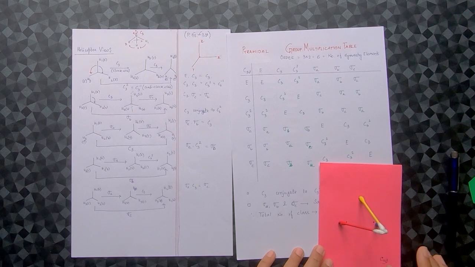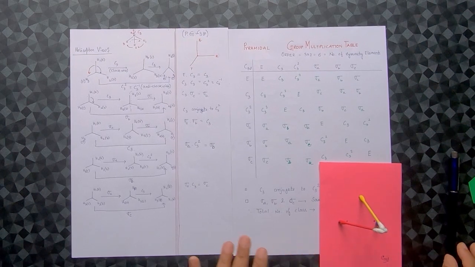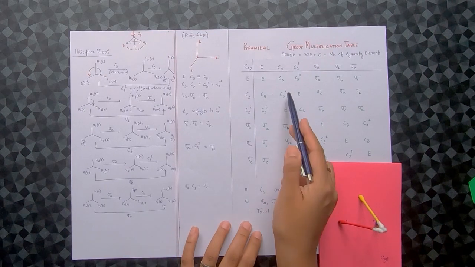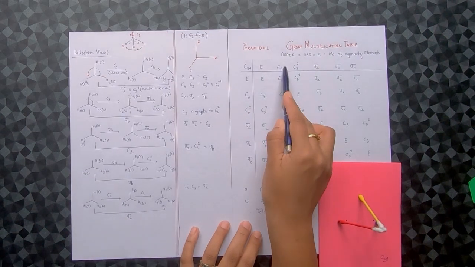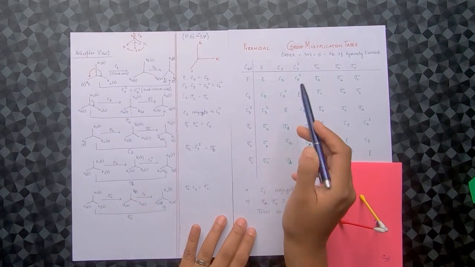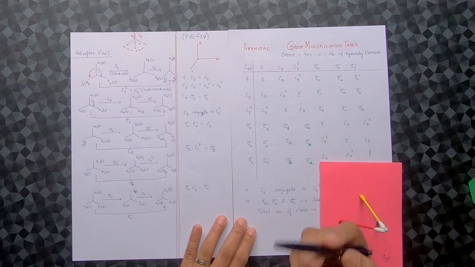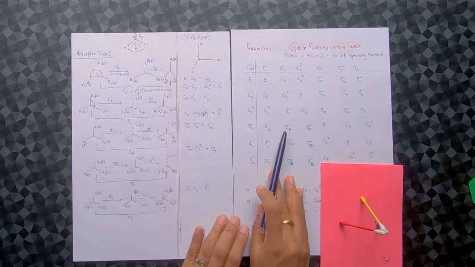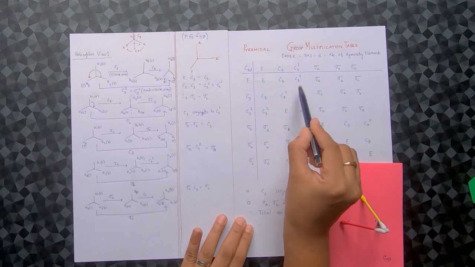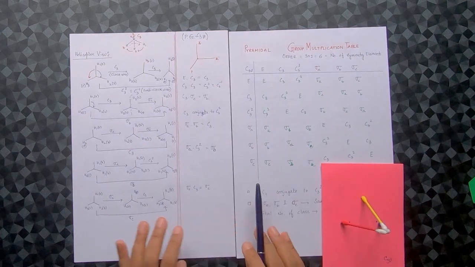After the operation, we get that C3 into C3 is nothing but C3 squared, because if I do the operation twice, we get this one. Then C3 into C3 squared is nothing but C3 cubed, which is an identity.